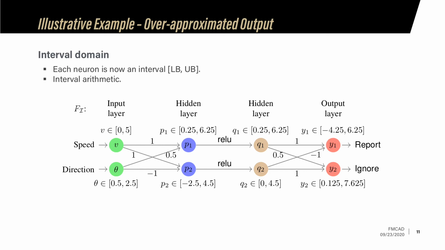Here in this example, the over-approximated output is computed for the input region of V belonging to the range of 0 to 5 and theta belonging to the range of 0.5 to 2.5, which is exactly the safety property we have defined previously. With that, the over-approximated output ranges for Y1 and Y2 can be computed.